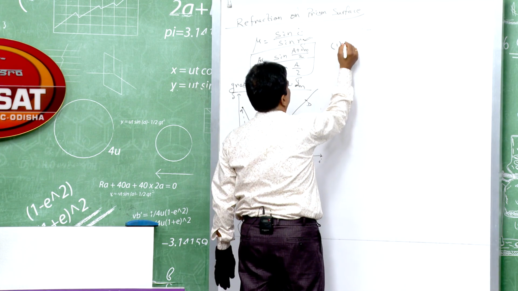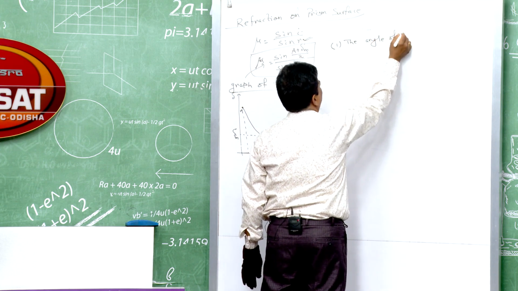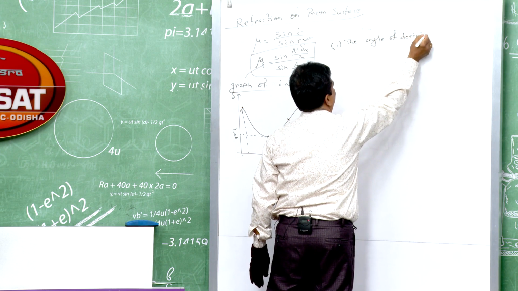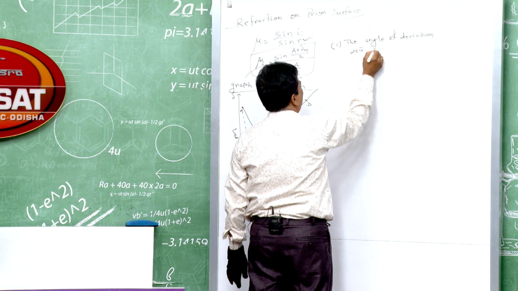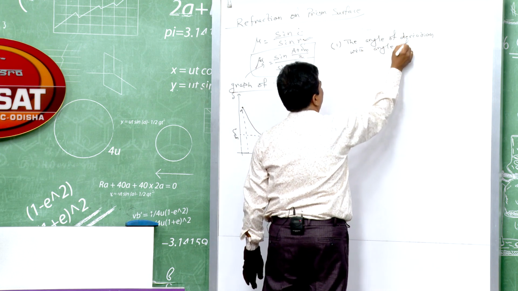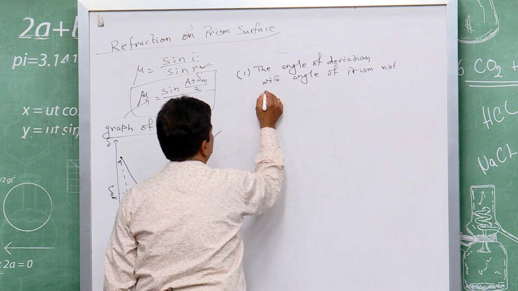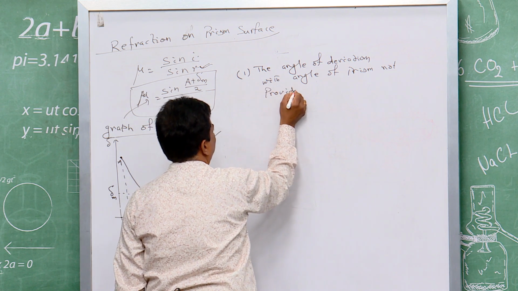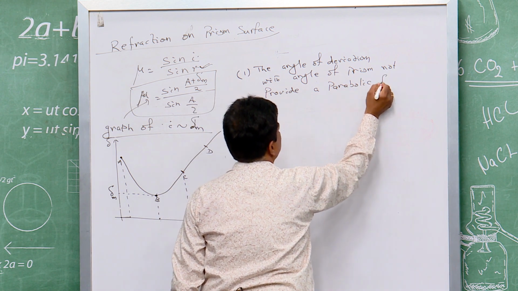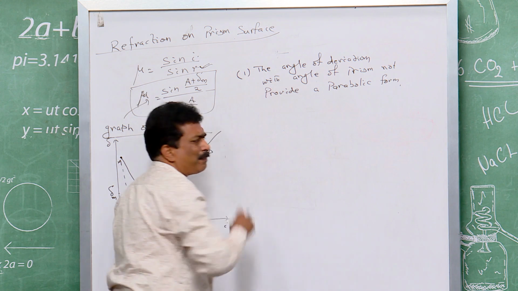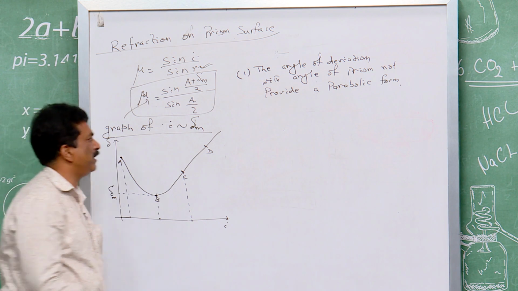First point, the angle of deviation with angle of prism does not provide a parabolic form. This is not a parabolic form. If it had the parabolic form, on both sides it would give you symmetry, but it is not symmetrical.